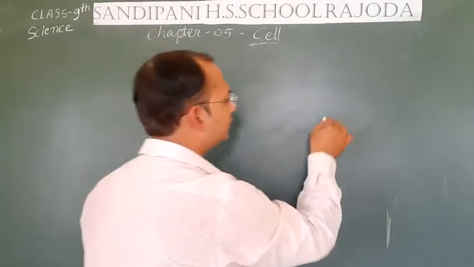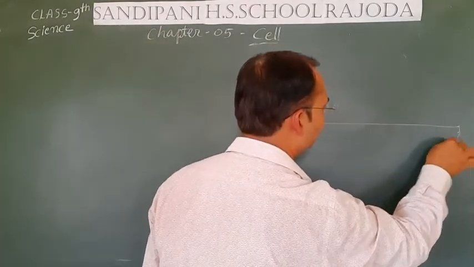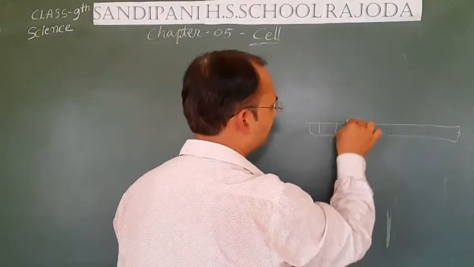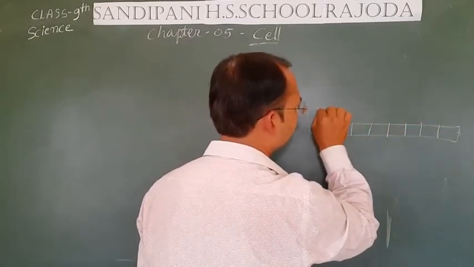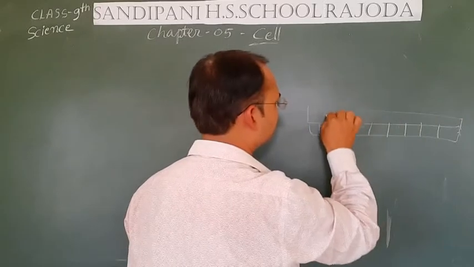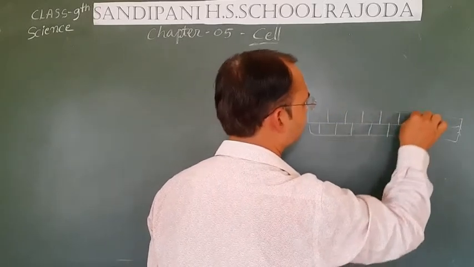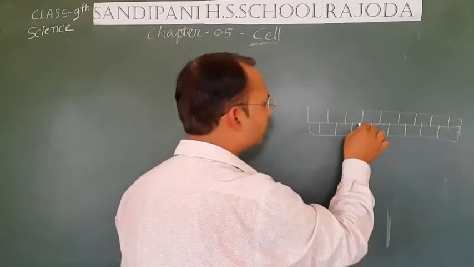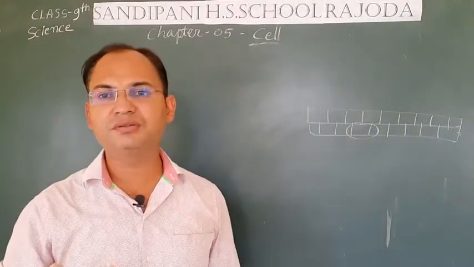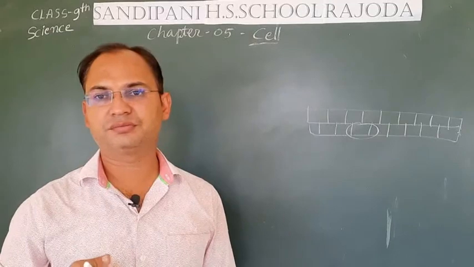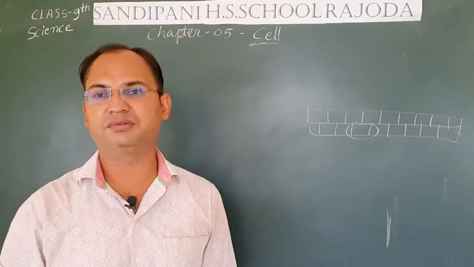The wall is simply made up of small bricks like this. One brick is arranged over the other brick. So, this one brick is the structural unit of the whole house, the smallest unit of the whole house.